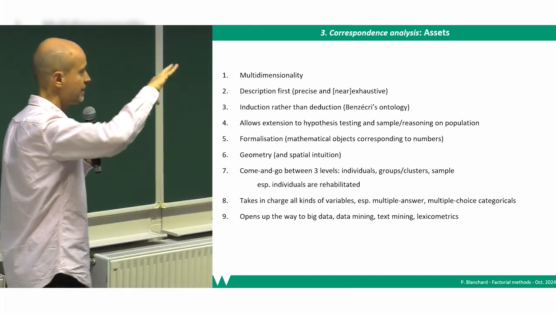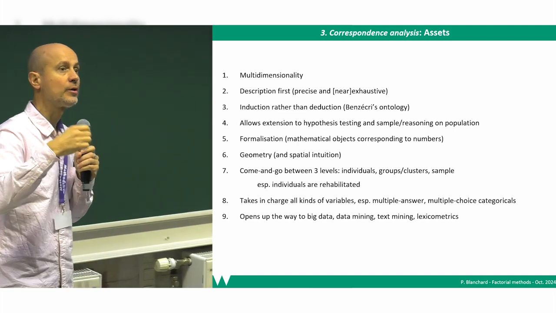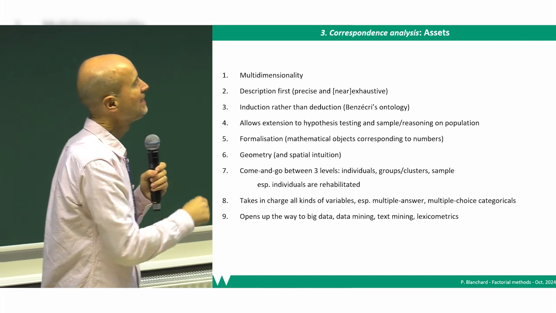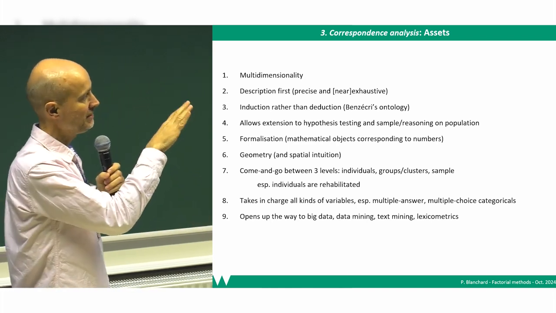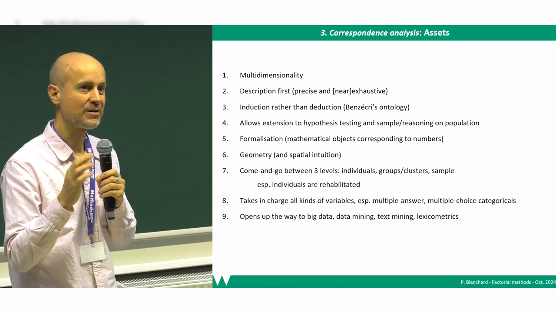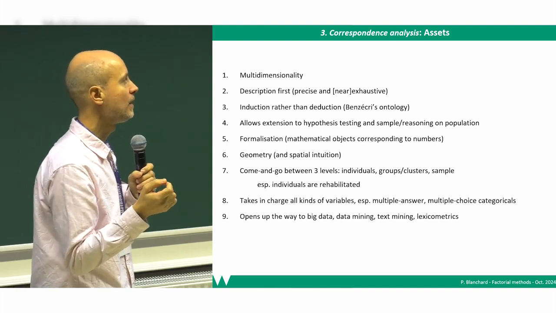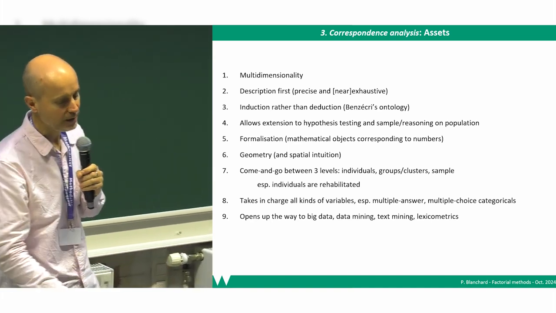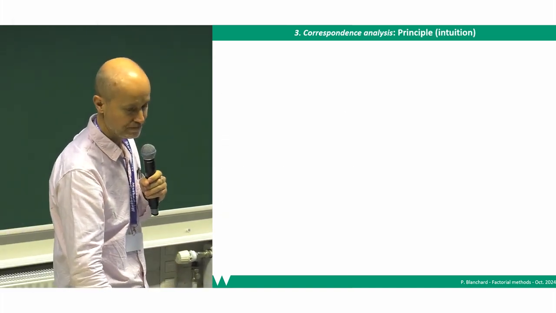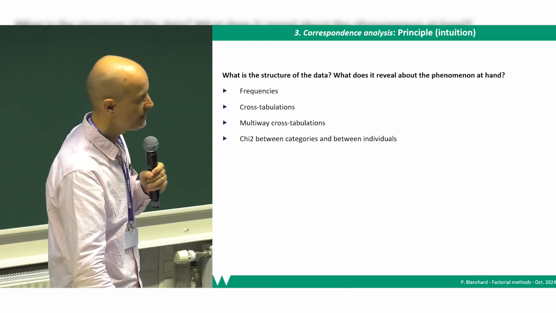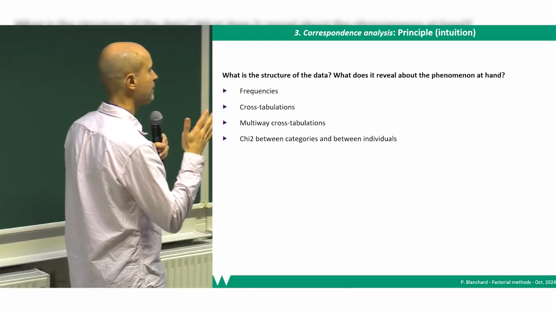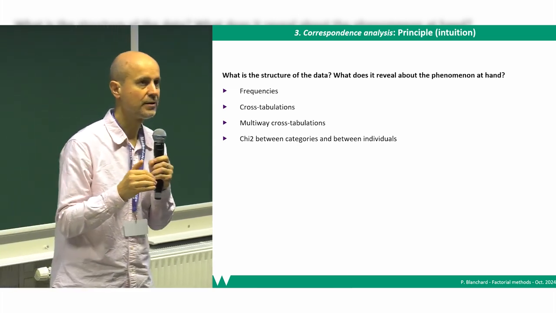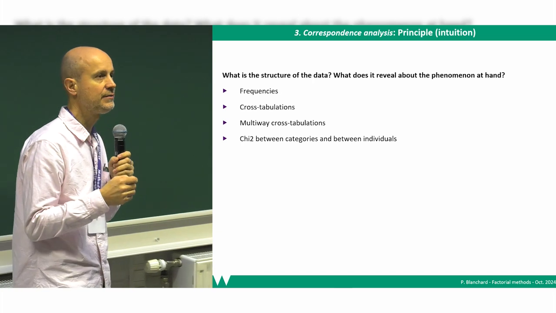And that method is integrated more and more to those methods from the third world I mentioned at the very beginning, for text mining and lexicometrics especially. So it's a method of choice for text as data users, and for good reasons. So the principle is starting by looking at frequencies and cross-tabulations and multi-way cross-tabulations and chi-squares between categories and between individuals.